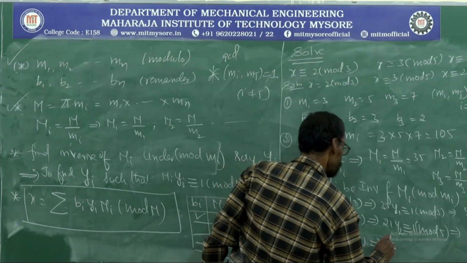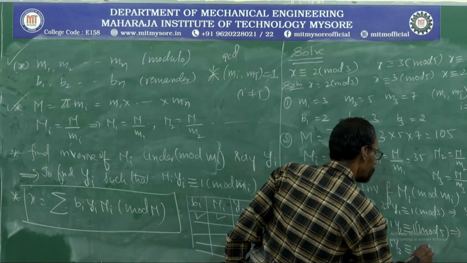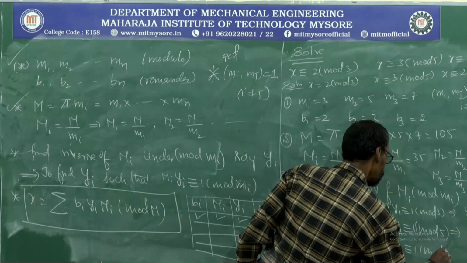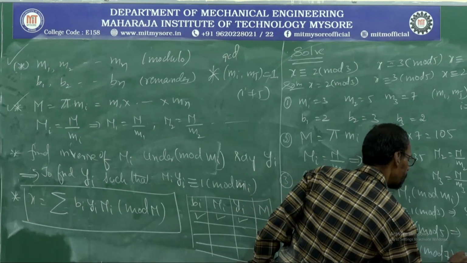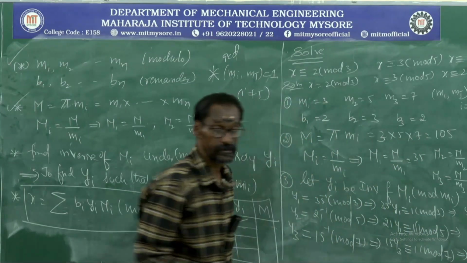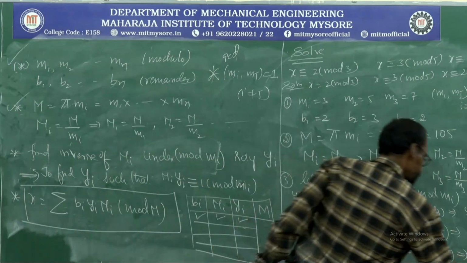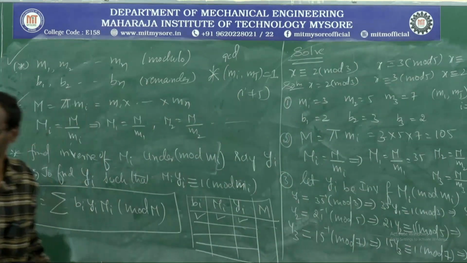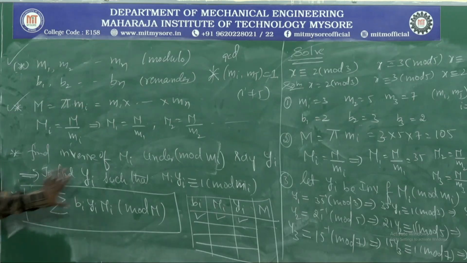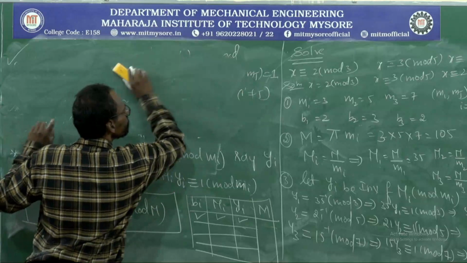This implies 15 y3 is congruent to 1 modulo 7. By inspection, I can write y3 is equal to 1. Everything is ready now. Easily you can construct the table, and you will get the solution.